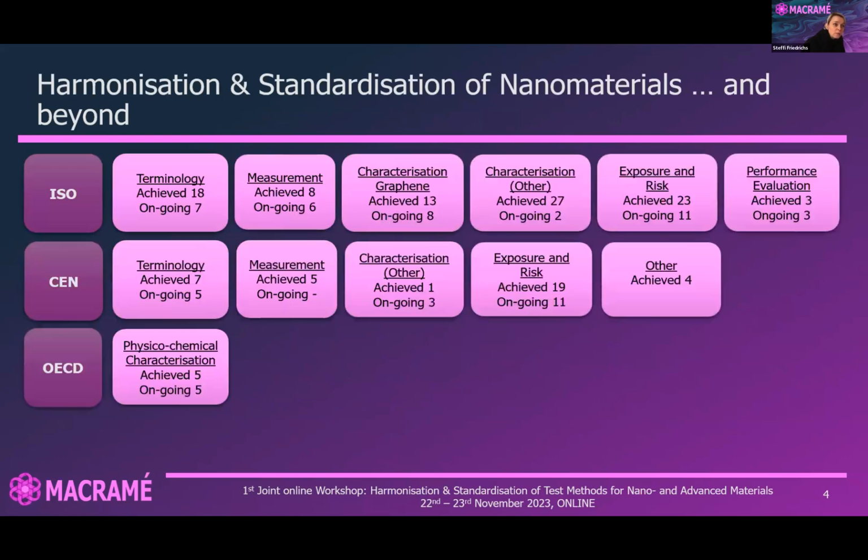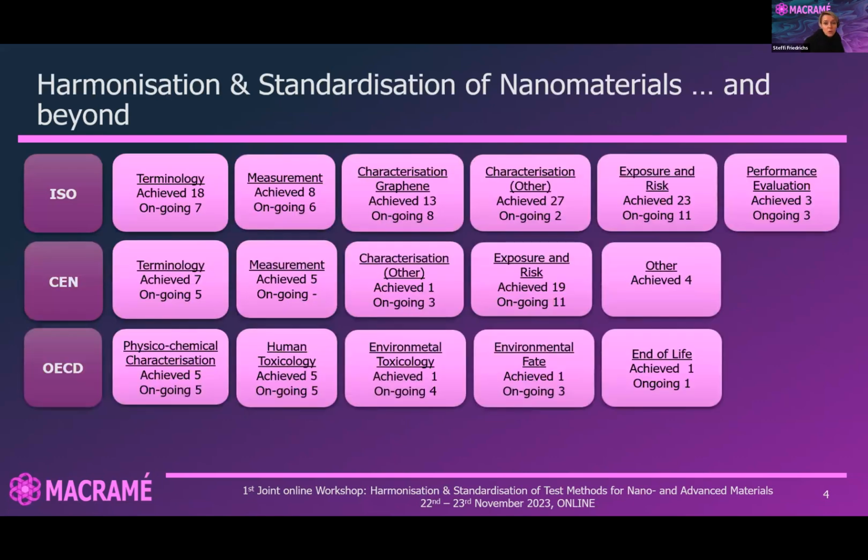So that leaves me to show you a slide that we've actually shown on other occasions before. Jörg has definitely seen it at other occasions when we were speaking about the different standards and harmonized test guidelines and guidance documents we have developed.